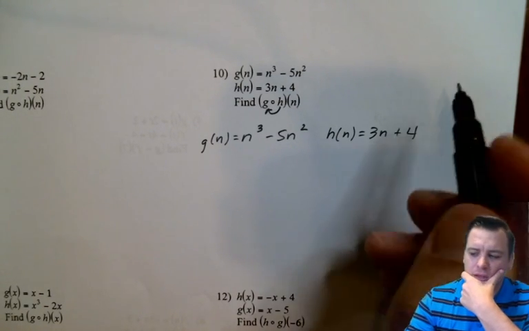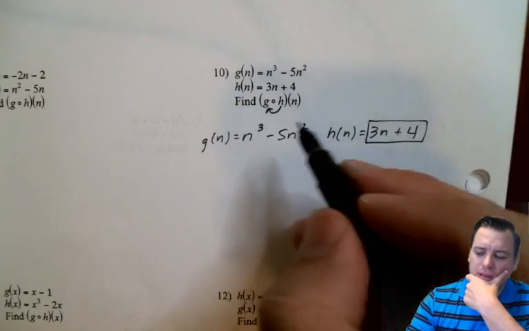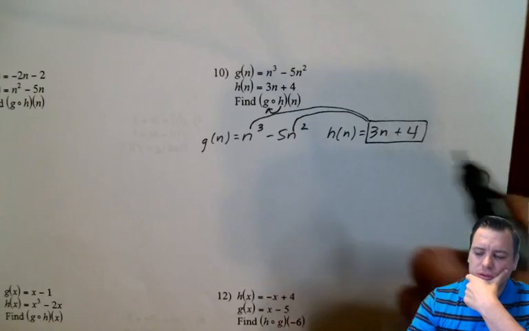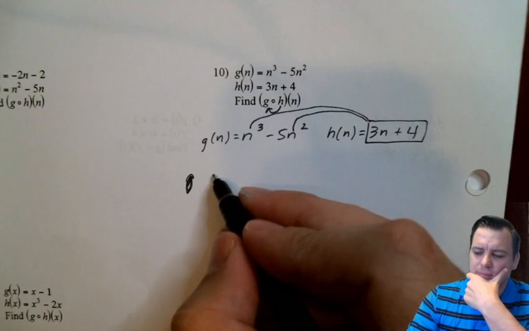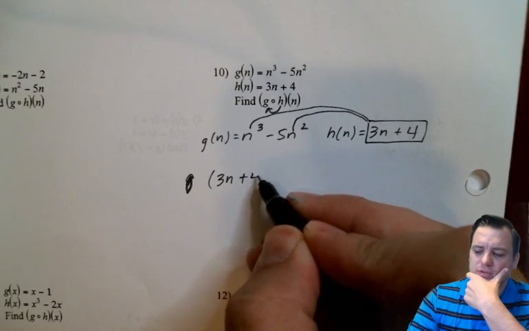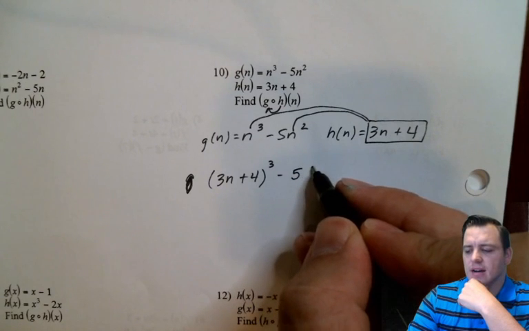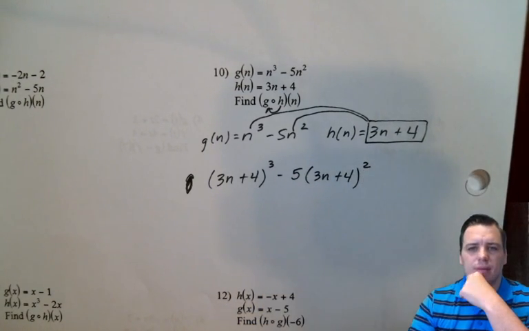So you actually have to plug this right here into both of those. And then you would have 3n plus 4 cubed minus 5 times 3n plus 4 squared.